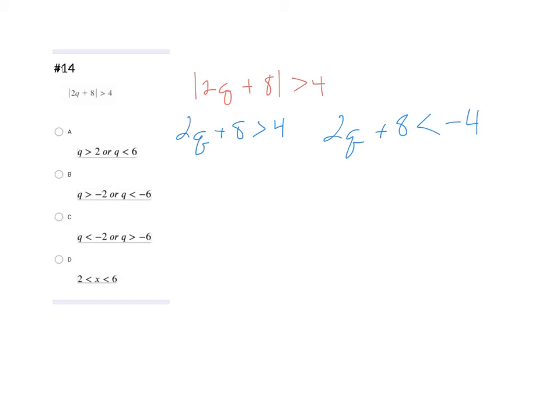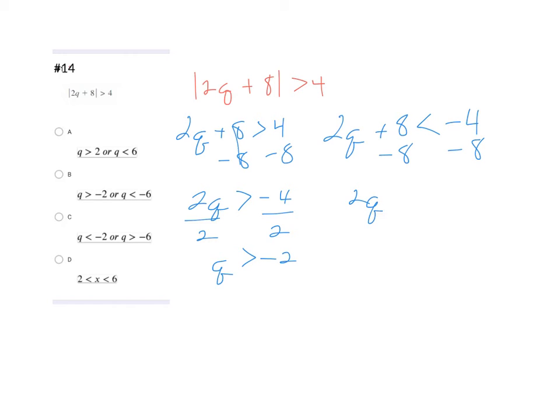And now we're going to go ahead and solve each one of these. So minus 8 minus 8, that gives me 2q is greater than negative 4. Divide both sides by positive 2. We get q is greater than negative 2. Over here, minus 8 minus 8, 2q less than negative 12. Divide both sides by 2. I get q is less than negative 6.